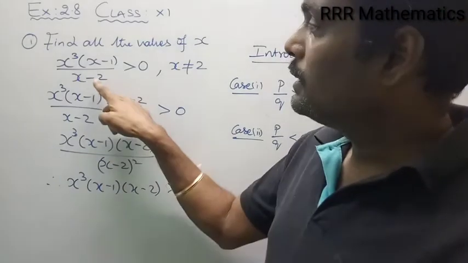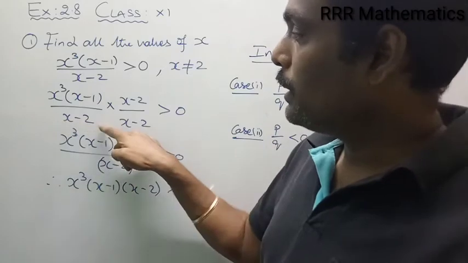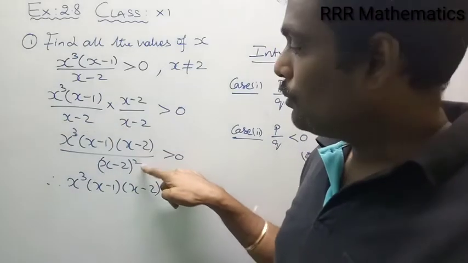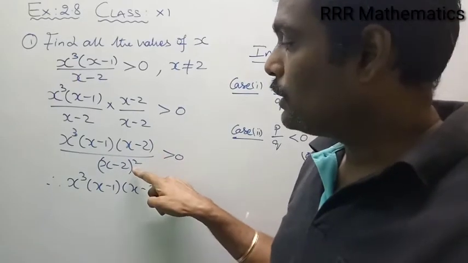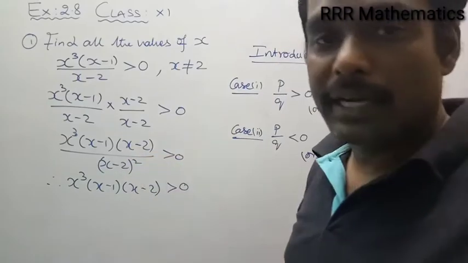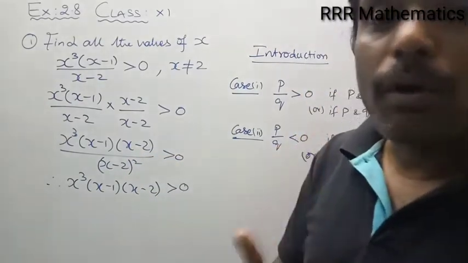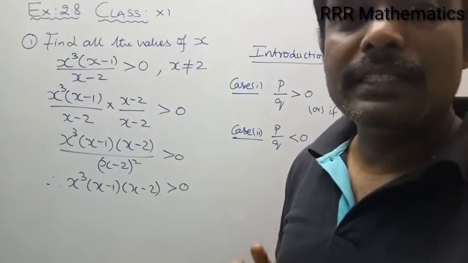Very simple. See the denominator factors, just multiply and divide. When you do that, the denominator becomes a perfect square. When it is a square, the result is always positive. So I can confirm the denominator is positive, and according to the inequality, I can say the same about the numerator. Is it clear? Don't cross multiply. It is very important in case of inequality.